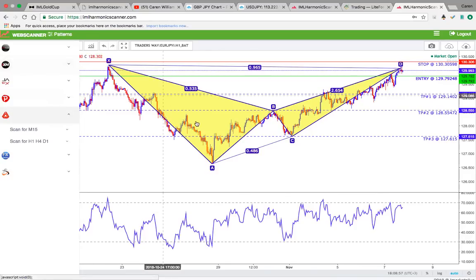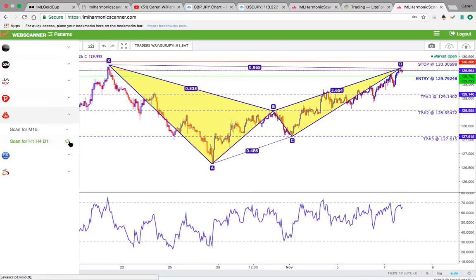Now, the harmonic scanner shows you 2 types of formations. You have the W formation, which shows you to sell a trade.